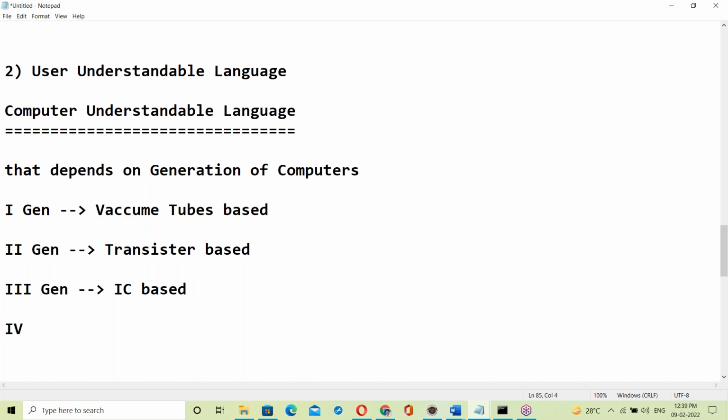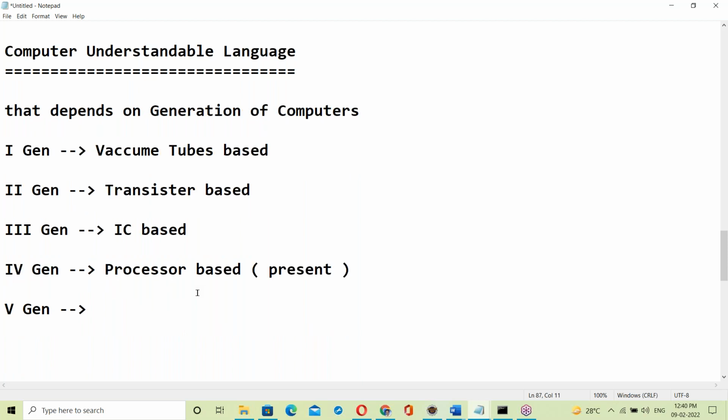Next, fourth generation is processor based. This is the present generation. Next, fifth generation is the future. Does anyone have an idea what the future generation computer is? It is almost ready to release, maybe within a couple of years, by 2025.